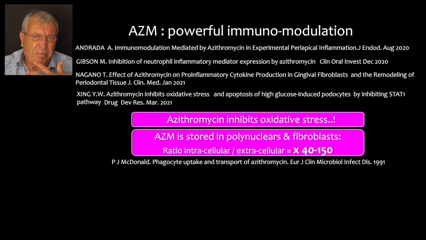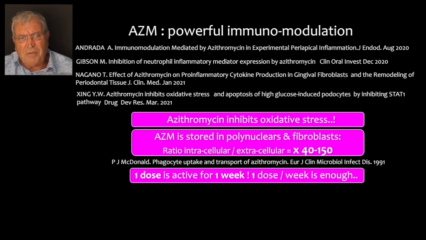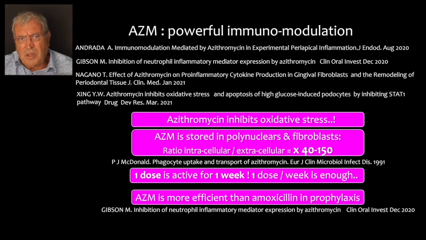It means that the concentration of azithromycin in soft tissue is very high. We have another interest. 1 dose is active for 1 week. It means that 1 dose per week is enough. We don't need to give them every day. And we see that azithromycin starts to be considered as more efficient than amoxicillin in prophylaxis.